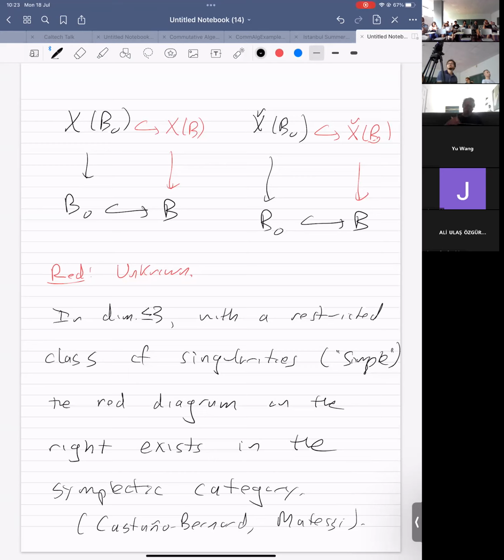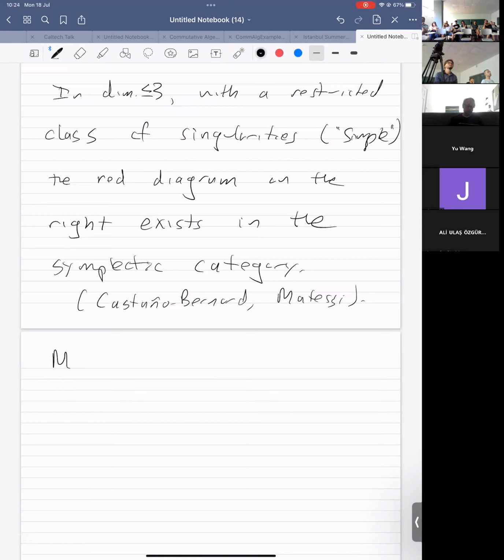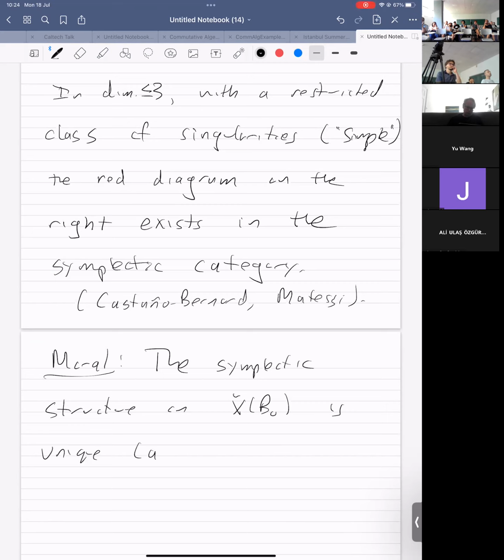Now, there's some moral in this, which is that somehow the symplectic structure that I told you about on X check of B0 is really the correct one. And that really comes from what's known as the Arnold-Liouville theorem. The symplectic structure on X check of B0 is unique, at least locally, by the Arnold-Liouville theorem.